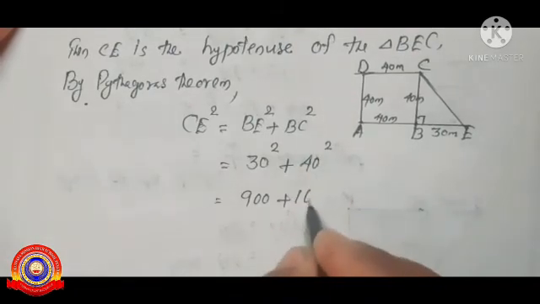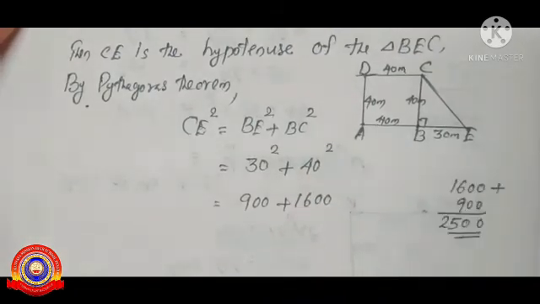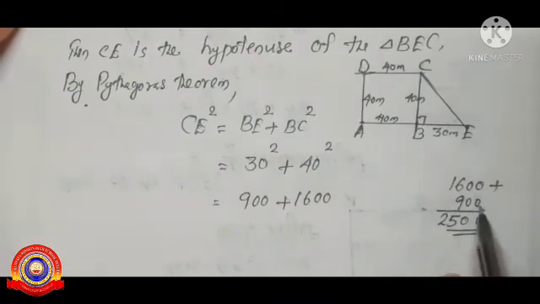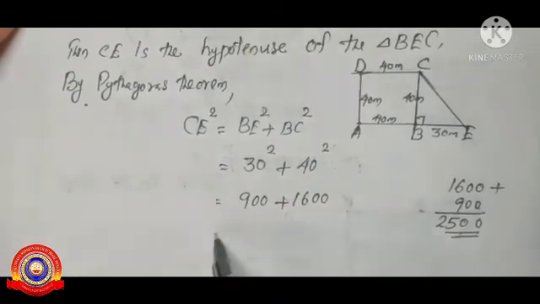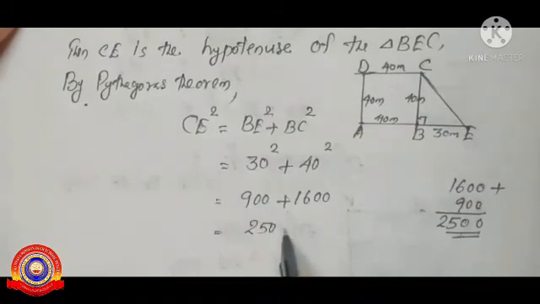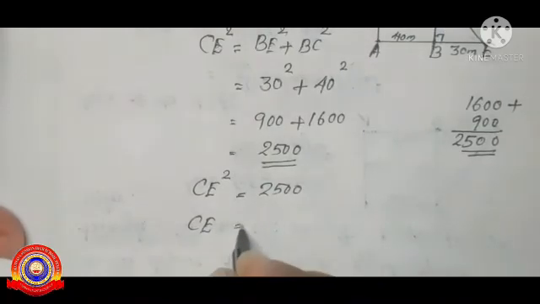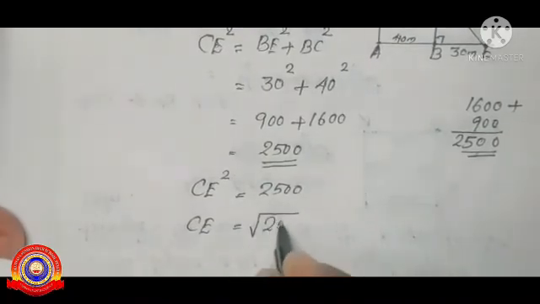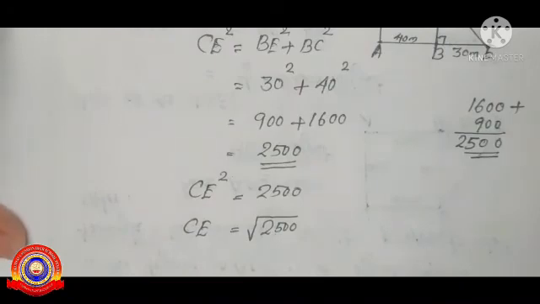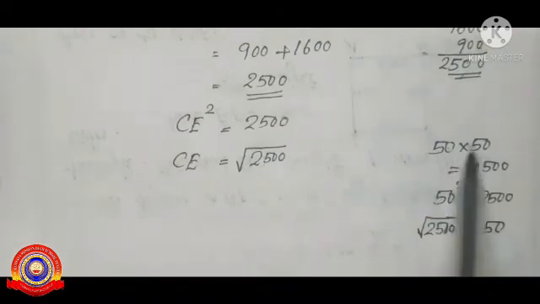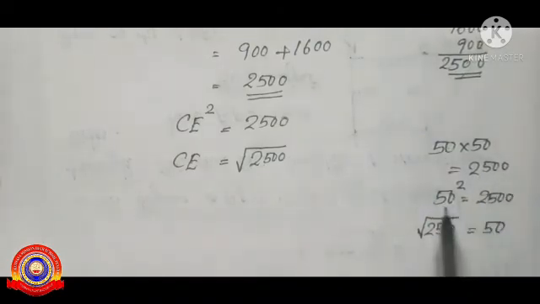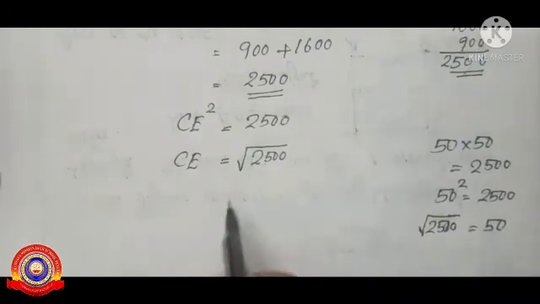So EC square is equal to 900 plus 1600, which is equal to 2500. We know that EC is equal to square root of 2500. Square root of 2500 is 50 because 50 into 50 is 2500.